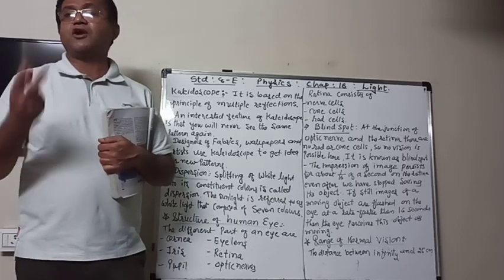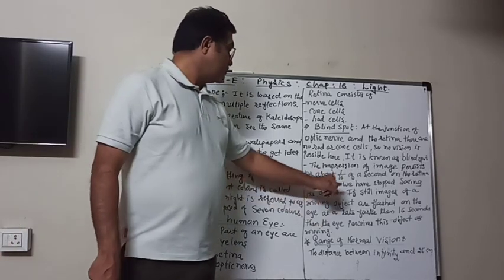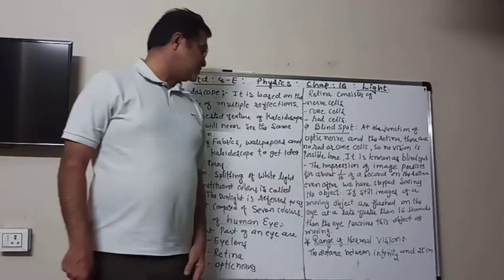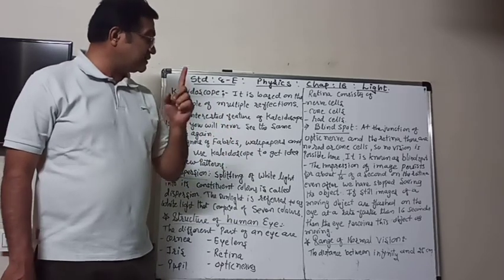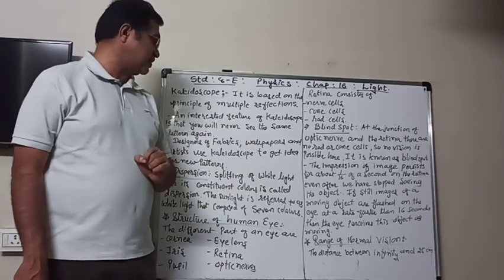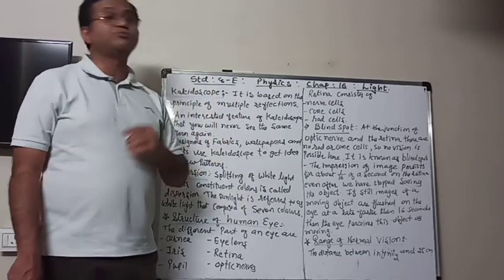It doesn't matter that we are no longer looking at the object. Therefore, if still images of a moving object are flashed on the eye at a rate faster than 1/16 of a second, then the eye perceives the object as moving.